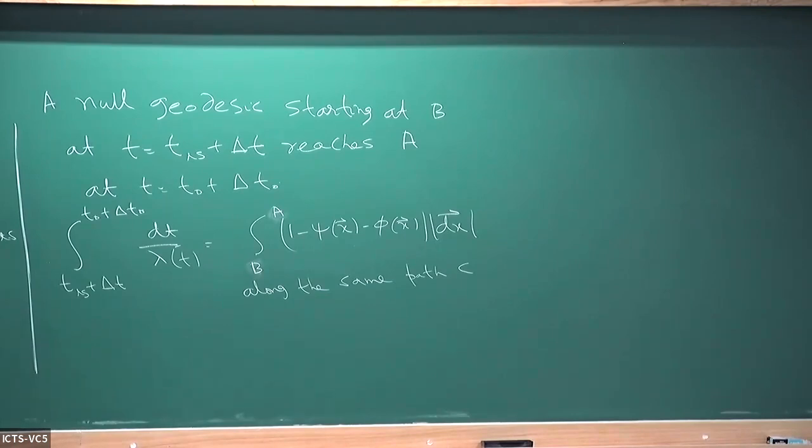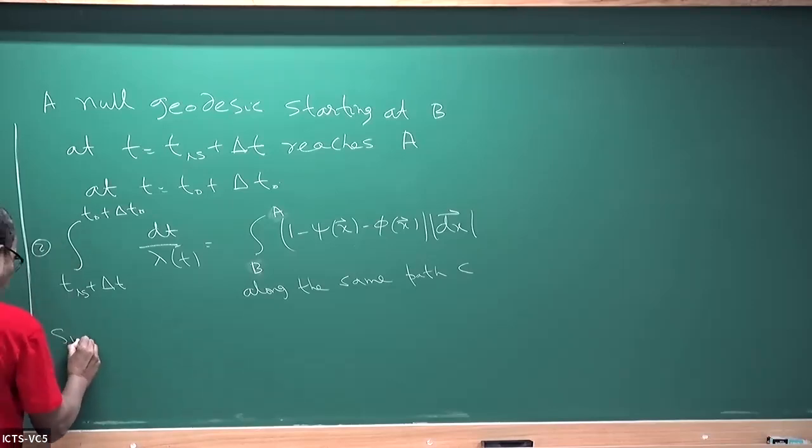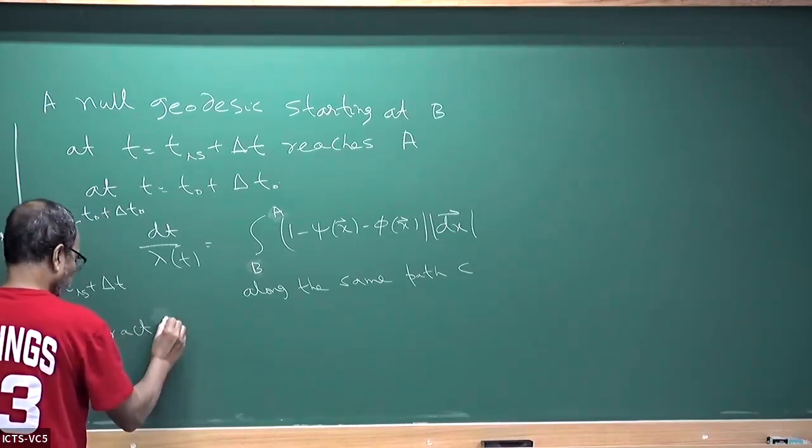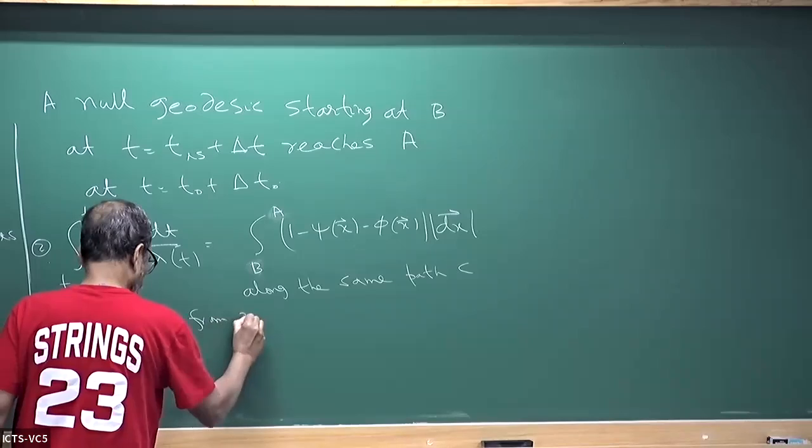So this is the result that I stated, and this is the result I'm going to use, that the path doesn't change. Even if you start a little later, it will reach a little later, retaining the path. Now let's call this equation 1, and that equation 2. We subtract 1 from 2.